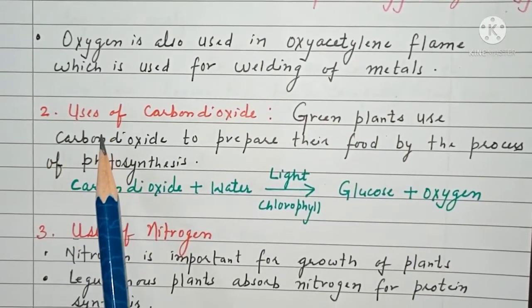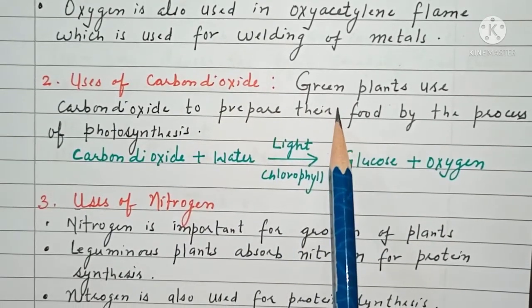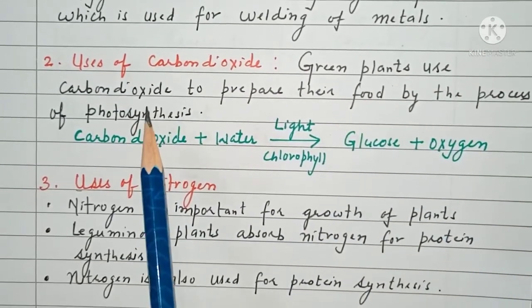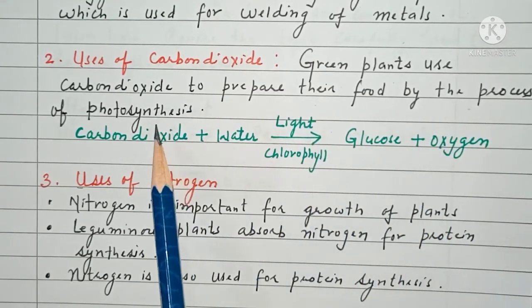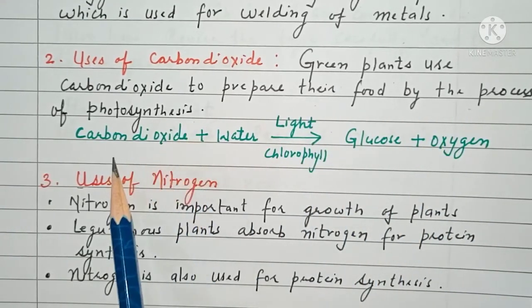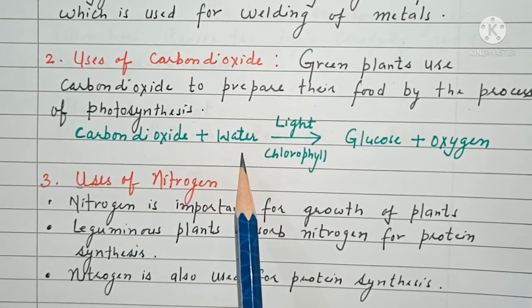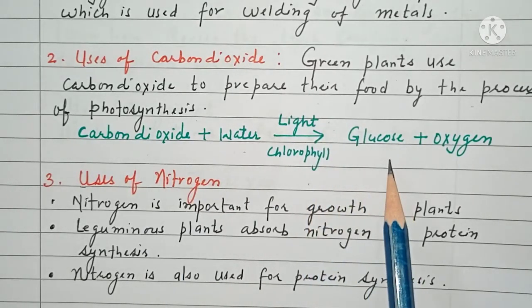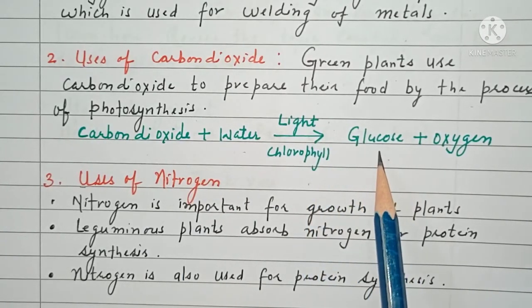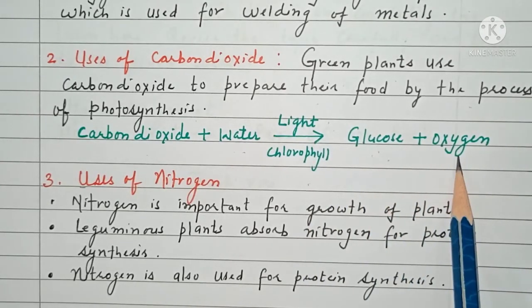Number 2, we'll be discussing the uses of carbon dioxide. Green plants, as you know, use carbon dioxide to prepare their food, and the process is photosynthesis. The reaction involved is carbon dioxide plus water, in the presence of sunlight and chlorophyll, the plants prepare their food in the form of glucose, and in the process, oxygen, the life-supporting gas, is evolved.